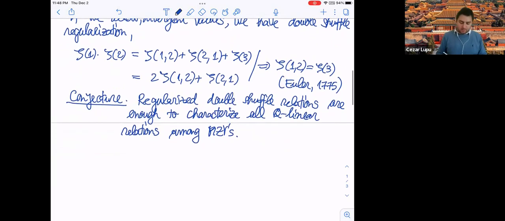And now let me consider this Z_k. So now I would like to look at the multiple zeta values of weight k.